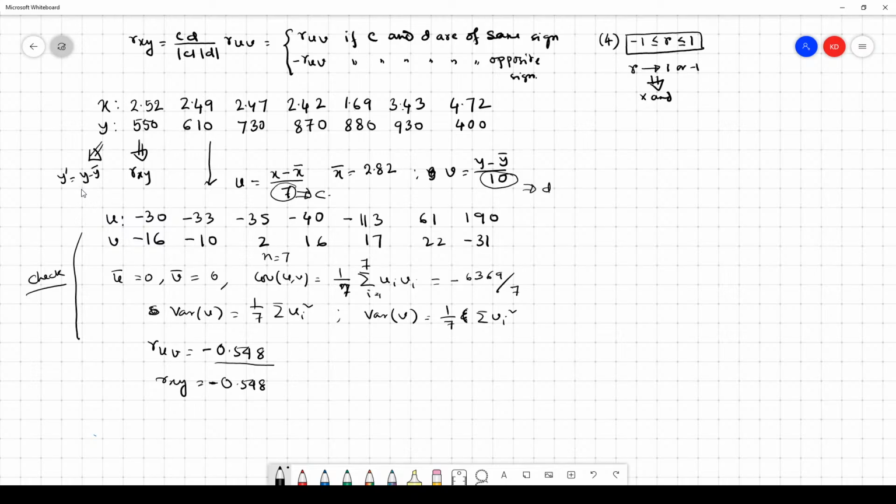Please, can you write more elaborately? Y dash is y minus y bar, which I defined in my previous class. Is it or not?